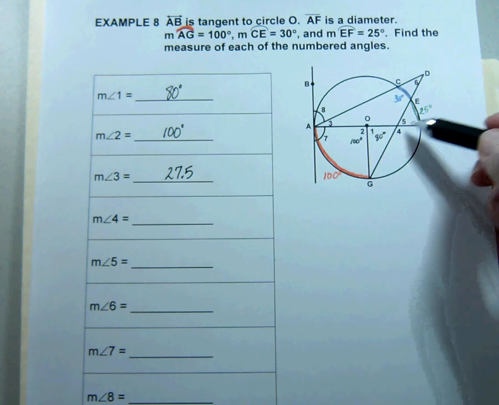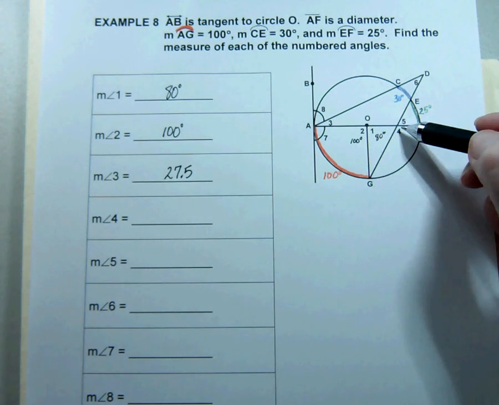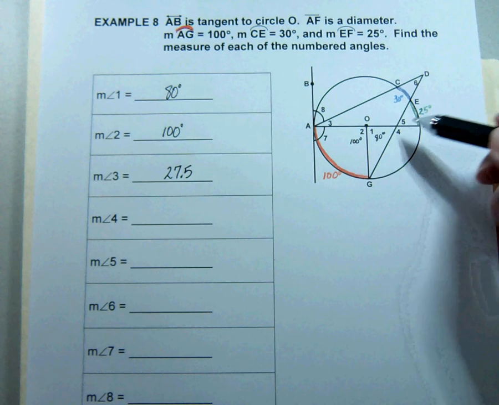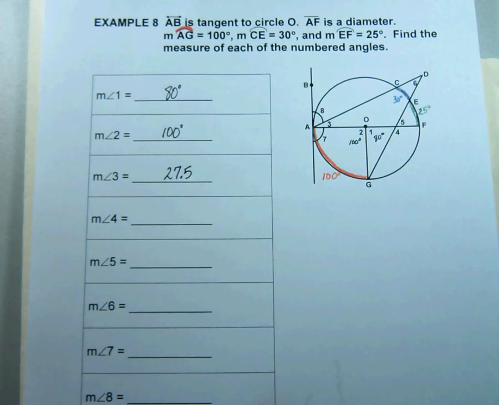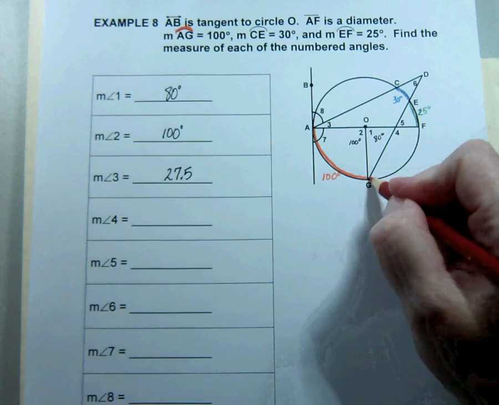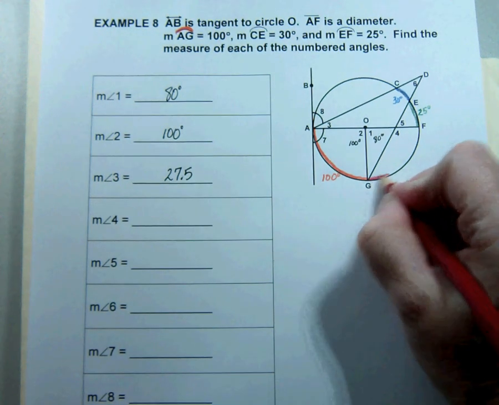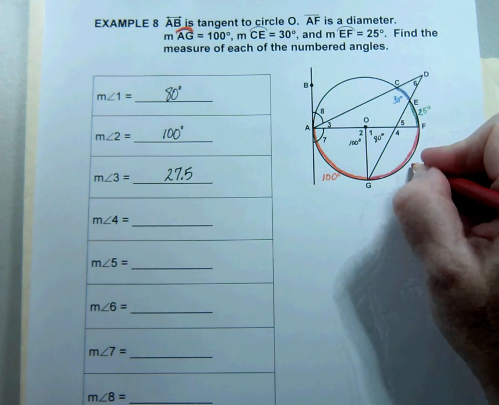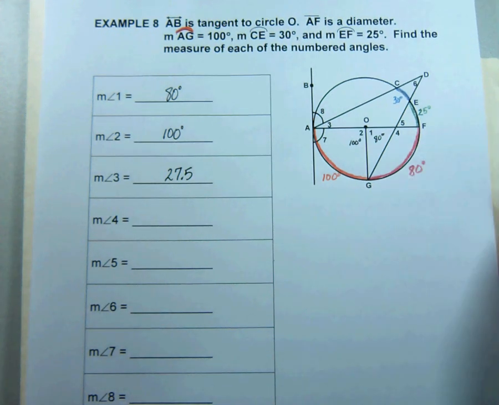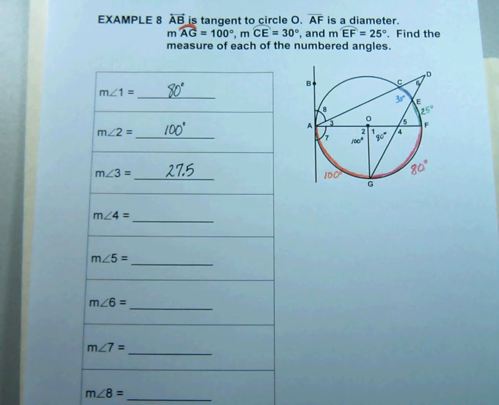Angle 4 is inside the circle, and so it's going to be, you know what, we got to figure out some other arcs here. I have a red. Let's try red. This arc right here, the color red, has to be 80 degrees. Let me grab another colored pencil. How about yellow?